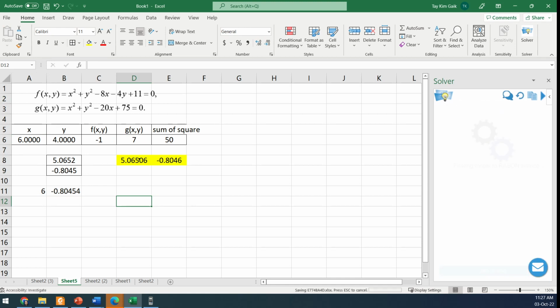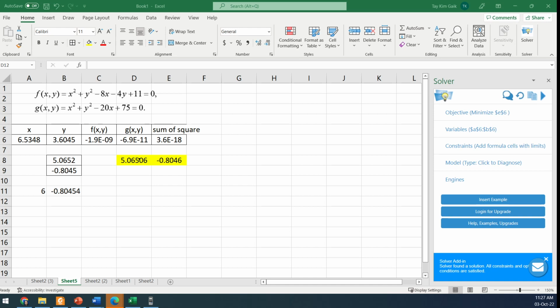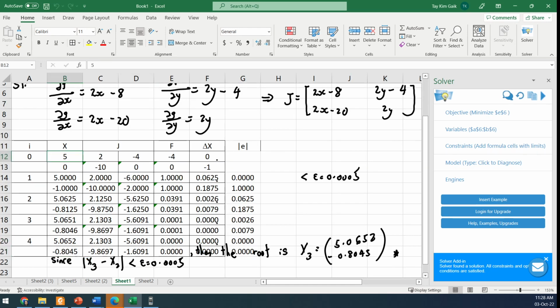Again, ask it to solve. Okay, solver found a solution. You get here 6.5348, 3.6045. Check with Newton.